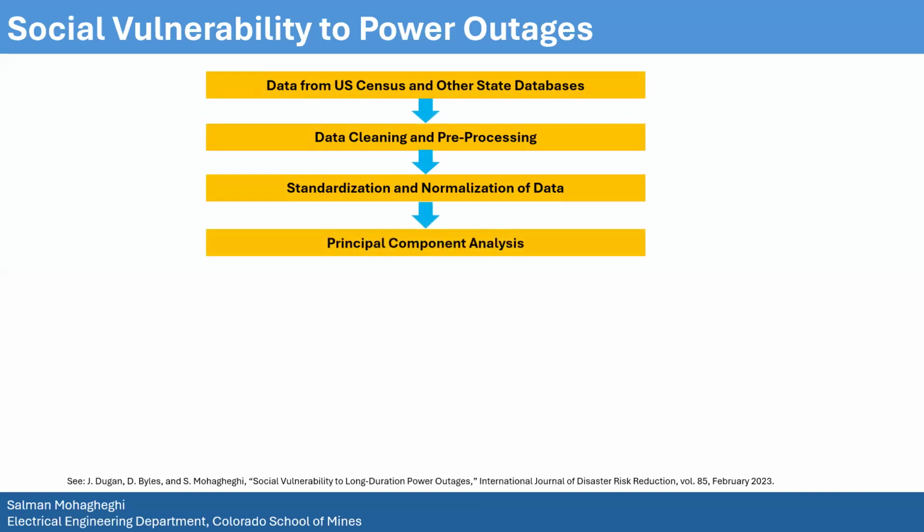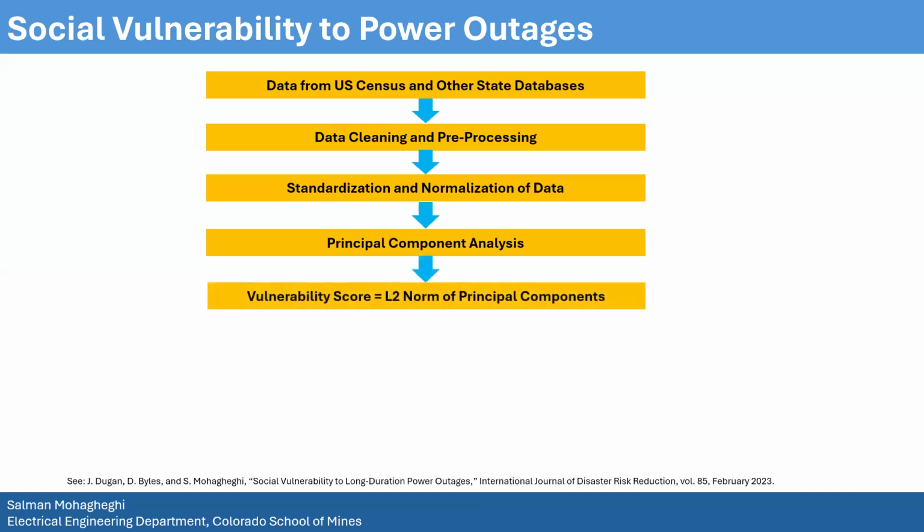Then we applied principal component analysis to this very high dimensional data set to reduce the number of dimensions only by maintaining the variability in that data. And after applying PCA, we developed a vulnerability score based on the L2 norm or the Euclidean norm of the principal components.